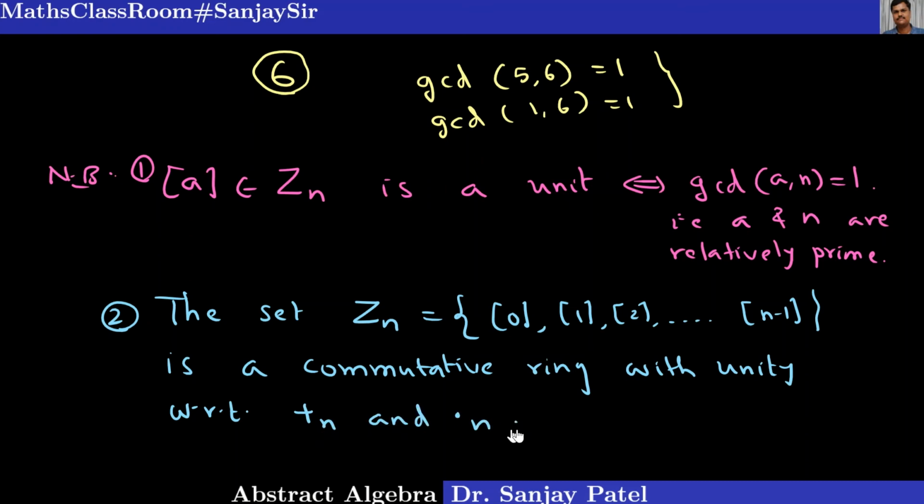Okay, that is, this set is a ring Zn, comma, plus n, comma, dot n.